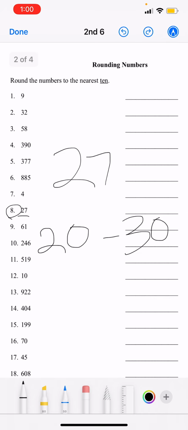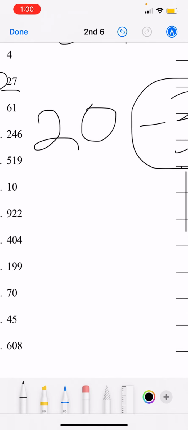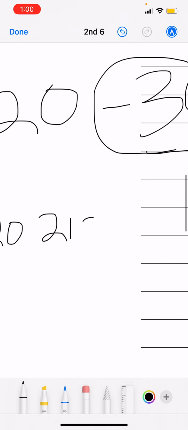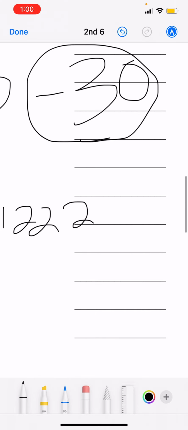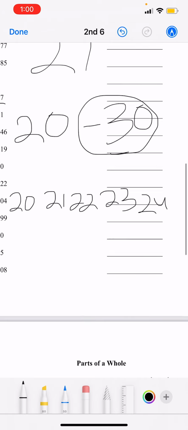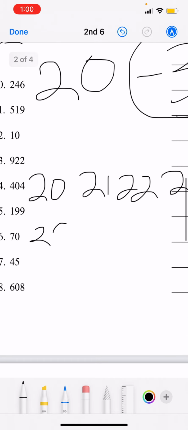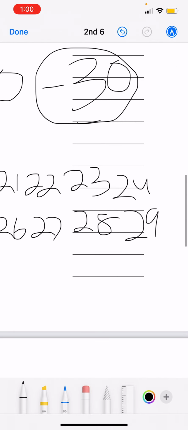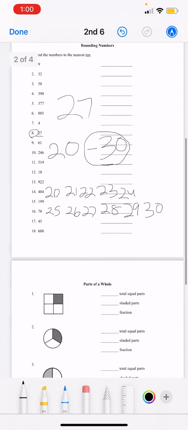The answer is 27 is closer to 30. Why? Because here we have 20, 21, 22, 23, 24, 25, 26, 27, 28, 29, and finally 30, right?